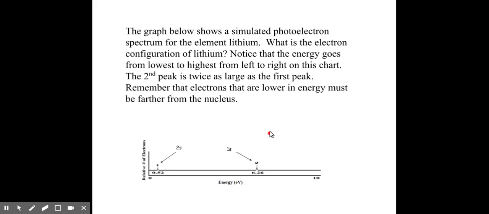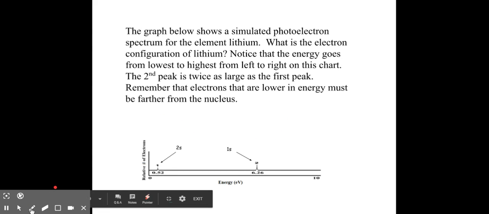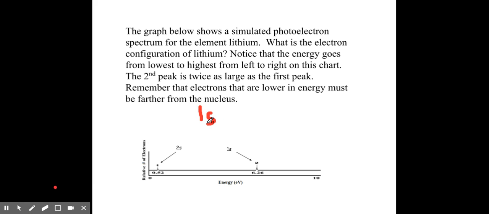So as we go to the next slide, it says that the graph below shows the simulated photoelectron spectrum for the element lithium. The electron configuration for lithium is going to be 1s2 and then 2s1.